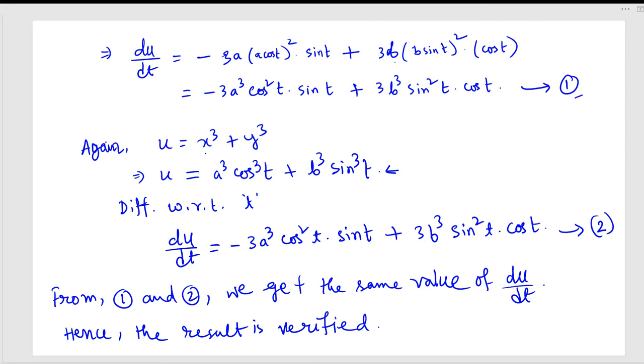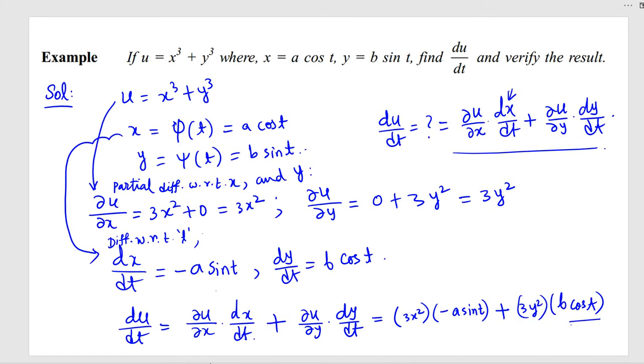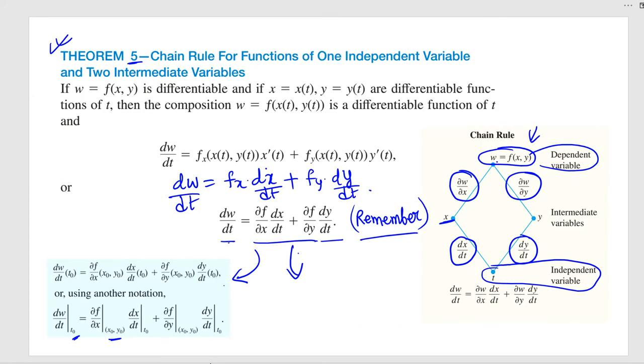X and Y are dependent? No, no, no. They are intermediate. They are not dependent. Dependent is U. U is the dependent variable. See the structure here.